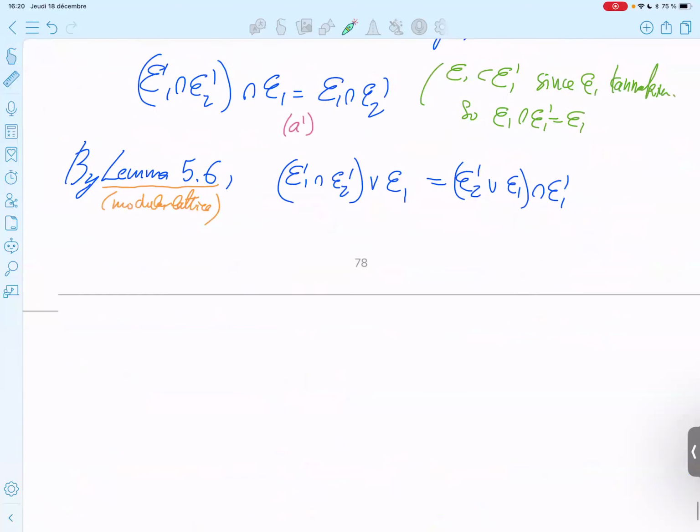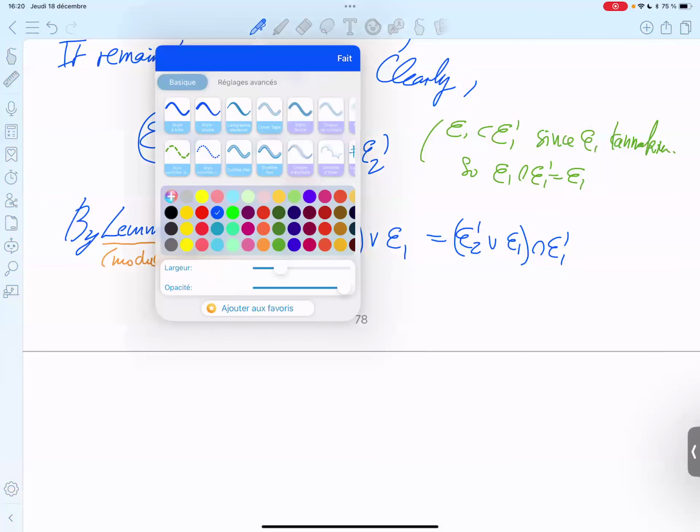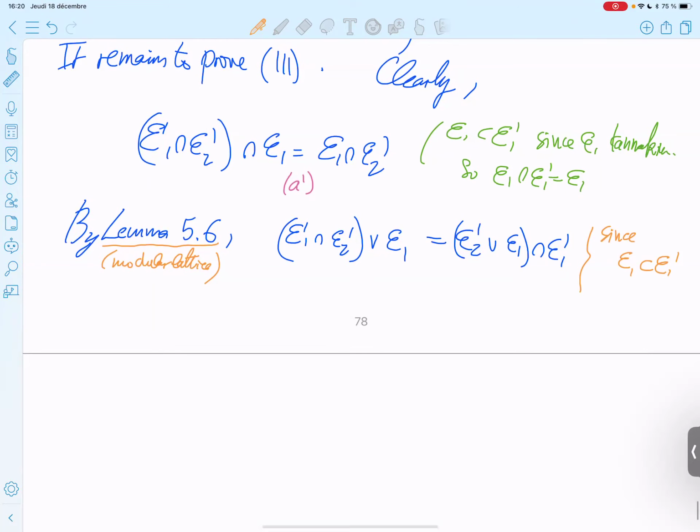So you have that, since E1 is included in E1 prime by Tannakian, and this corresponds to, maybe I should write in another color.